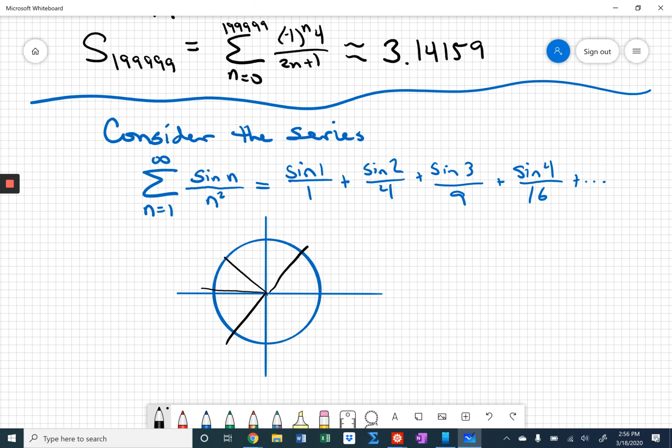Then sine of 5, the next one, is going to be in the fourth quadrant. Sine of 6 is also in the fourth quadrant. So we're going to have some positives and some negatives. They're not alternating in the sense that every other term is positive and every other term is negative. So how are we going to handle this type of series?